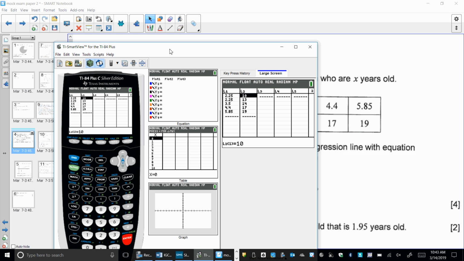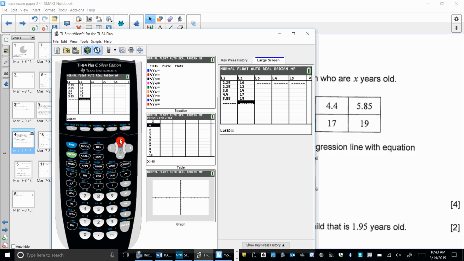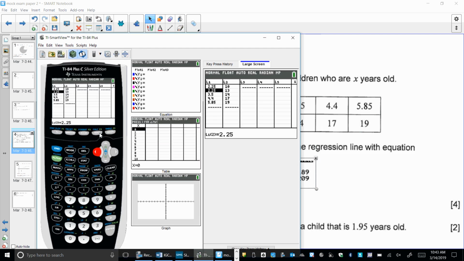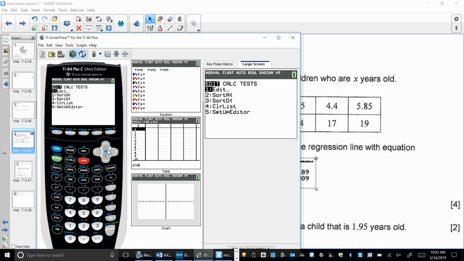What happened there? .25. Oh, that should say 1.25. Oh, Miss Harrison. Okay, stat, calc, number 4. That's better. Right.